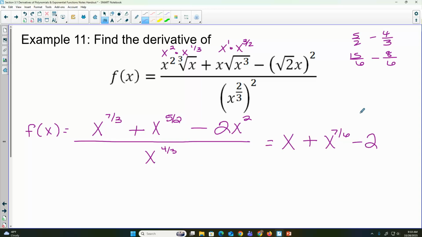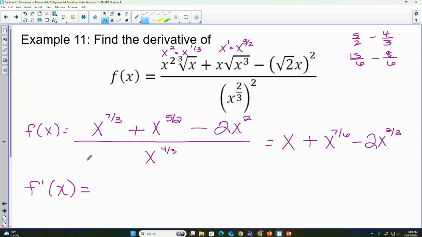Minus 2. Okay, you have 2 minus 4 thirds. So 2 is like 6 over 3 minus 4 over 3. 2 over 3. It's possible to get a negative exponent when you're doing this if you have more x's on the bottom. But now we took this very nasty expression and simplified it, so it's just x to a power.